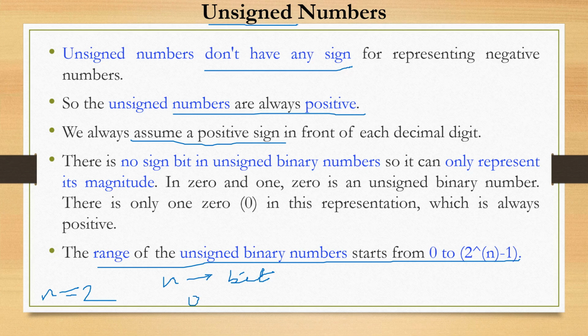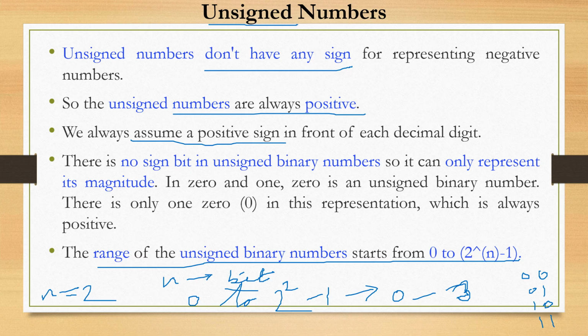It represents from 0 to 2 to the power 2 minus 1, so the range is 0 to 3. We can represent these numbers using 2 bits, which can be 00, 01, 10 and 11.